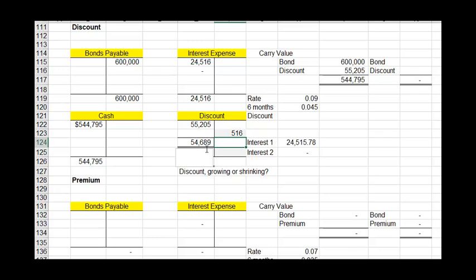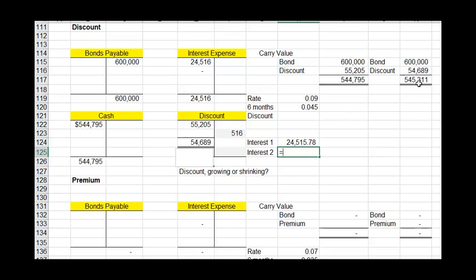Let's calculate our interest for the December period. Our bond is still $600,000, and our discount is now different. We're going to pull over our new discount balance of $54,689, giving us a new bond carrying value of $545,311.